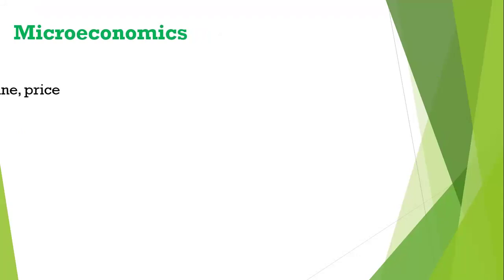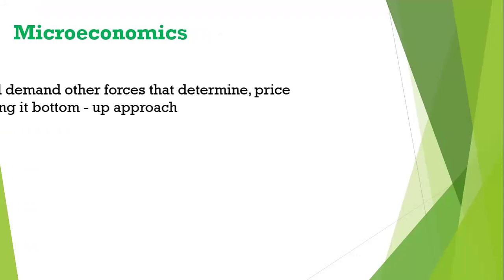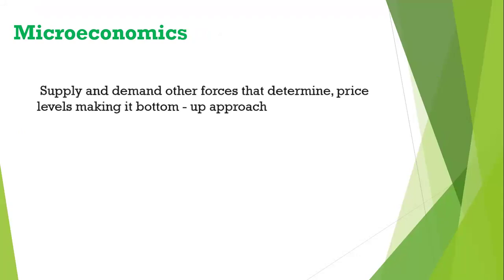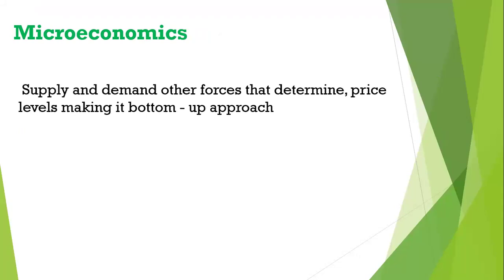More on the topic of microeconomics. What are some more points that explain what microeconomics does and which could be the opposite of what macroeconomics does? Supply and demand are the forces that determine price level, making it a bottom-up approach. This demand and supply, mostly at the micro level, shows that the system is being built from the bottom up, so it's more focused on individuals.